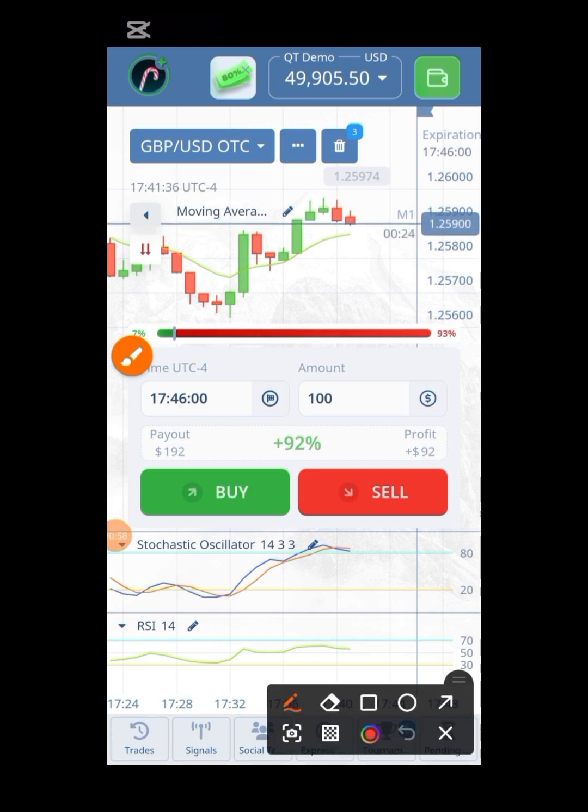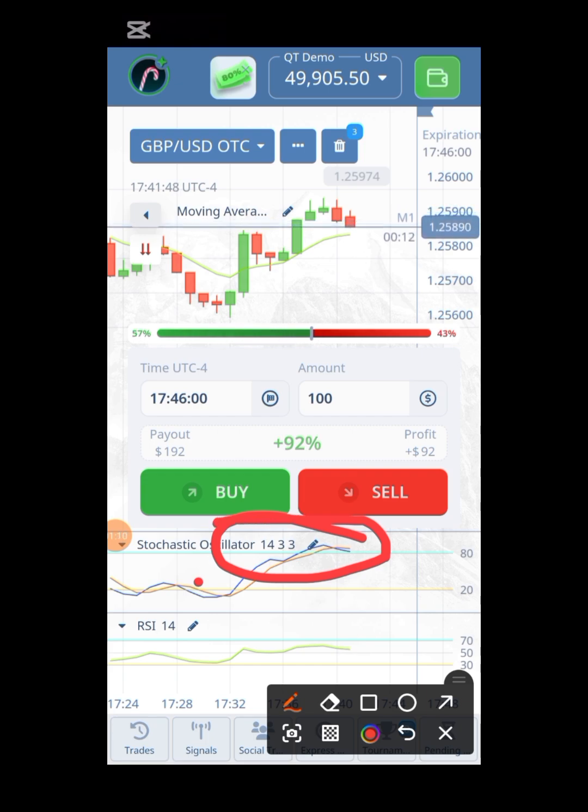When your indicator on the stochastic oscillator reaches the top blue line here, it means the buyers have overbought. The price has been overbought, so the possibility of it selling is very high.